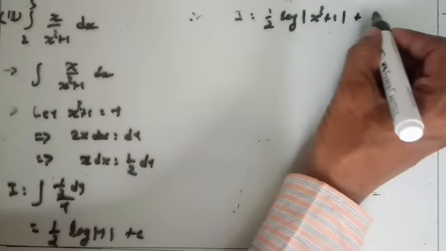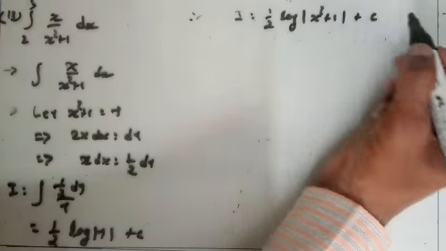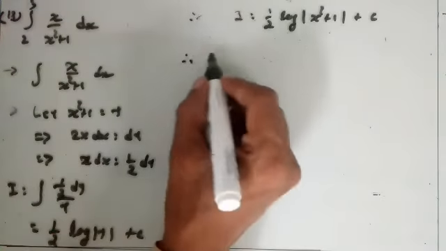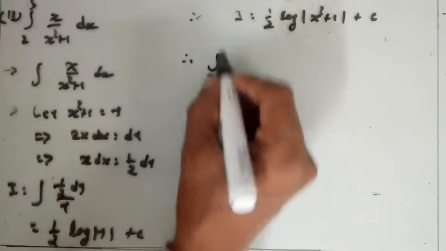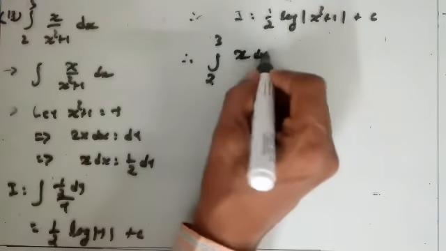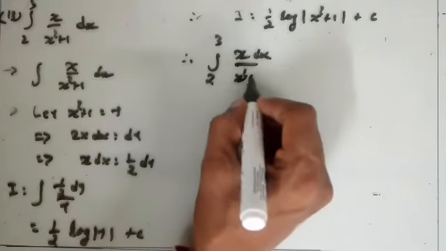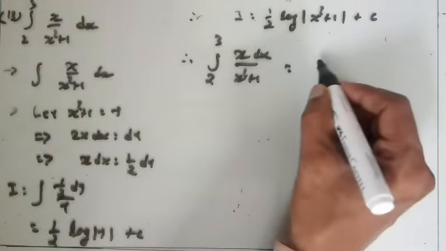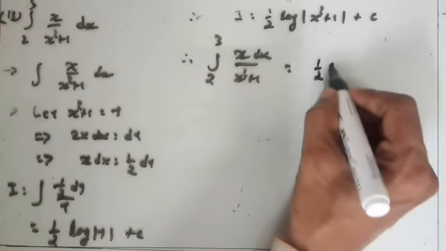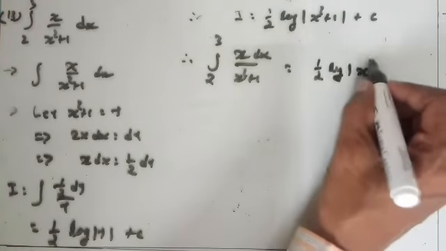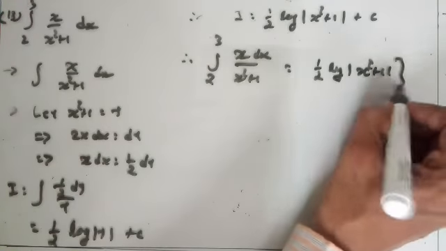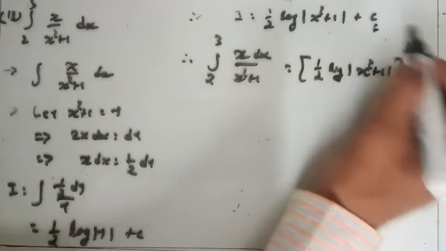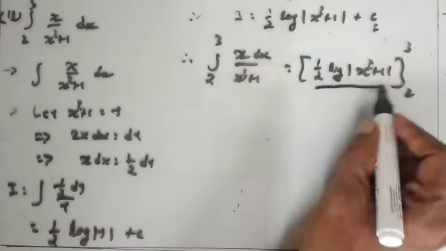But in a definite integration, we do not write this arbitrary constant. Therefore, the integration from 2 to 3 of x dx upon x square plus 1 is equal to 1 by 2 log mod x square plus 1, and apply limit 2 to 3. We write this integration without the arbitrary constant.